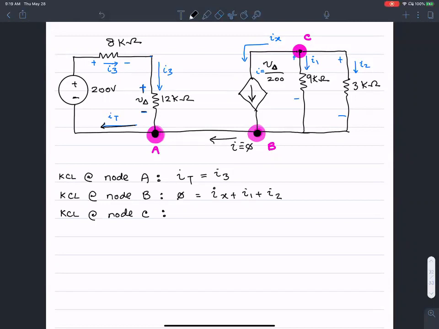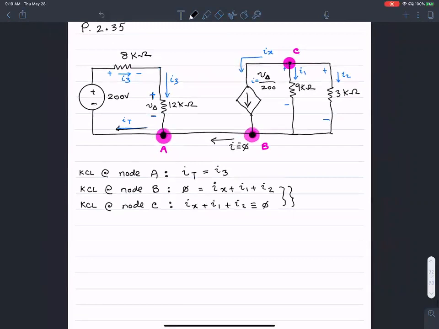Which is exactly the same as we will see at node B. So Ix, the current leaving that node, plus I1 plus I2 should sum to 0. So both of these are actually only one equation, the exact same idea. So it seems that I need more equations. There are 1, 2, and 3 unknowns.